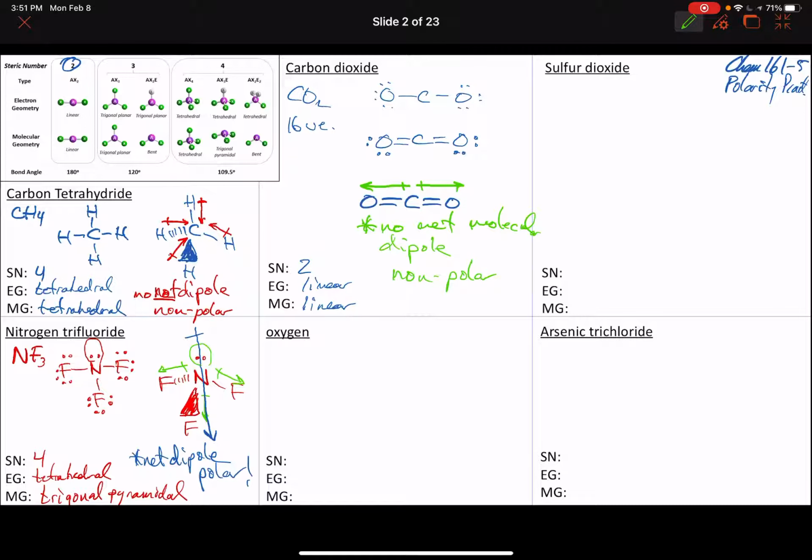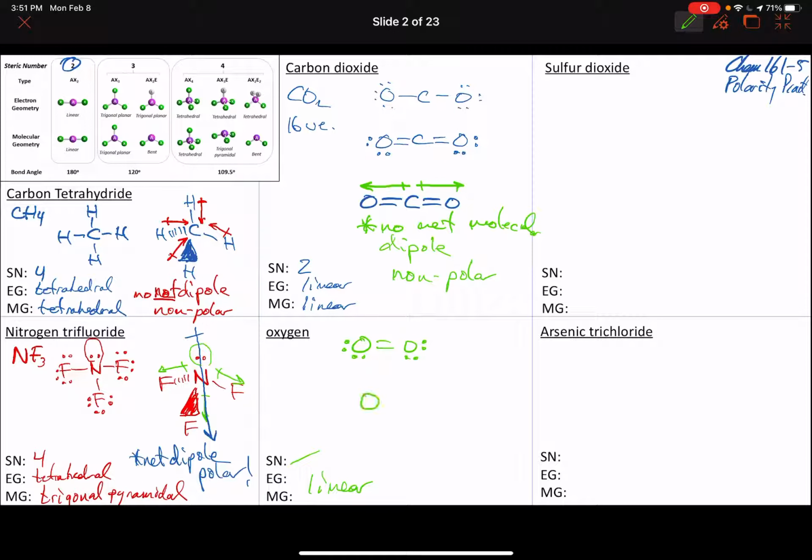Good. Oxygen. As we saw in an earlier video, oxygen was this. Because we don't have a central atom, the steric number is a non-applicable question. We are dealing with a linear molecule, therefore.